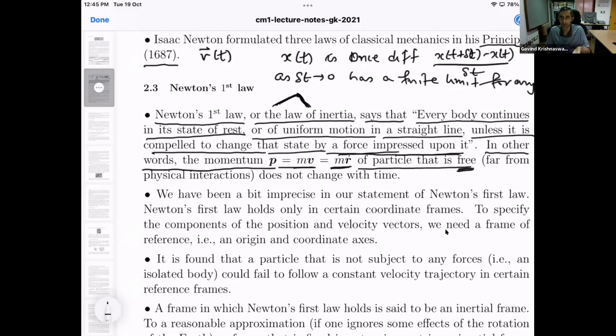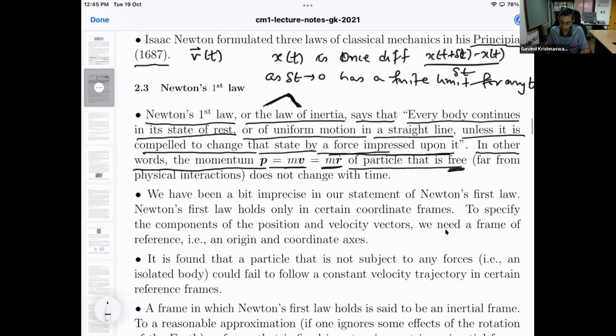So suppose there is no force. But let me be more precise. To be free means that it is far from physical interactions with other bodies. So a free particle is, for instance, a particle that is off in outer space, not affected by the gravity of the Earth or other bodies to reasonable approximation. It is very far from physical interactions with other objects.